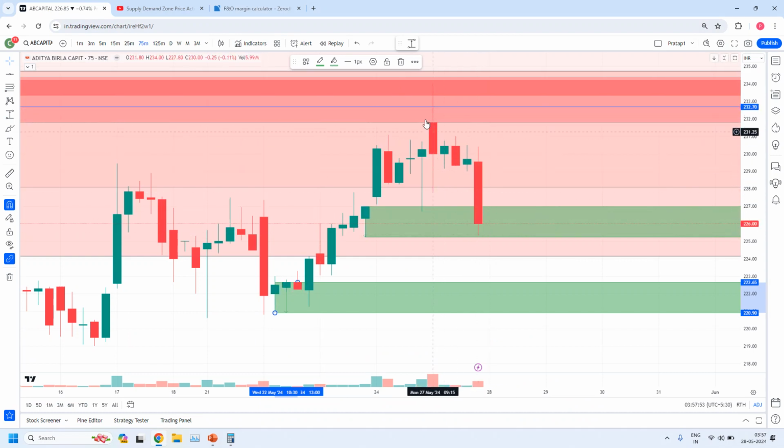Until the close of this candle, I am just calculating. Maybe if you would have exited, at least around 30,000 rupees profit you would have got, or maybe a little above 30,000, if you would have exited near this zone, I mean at the proximal line of this demand zone, the target zone.